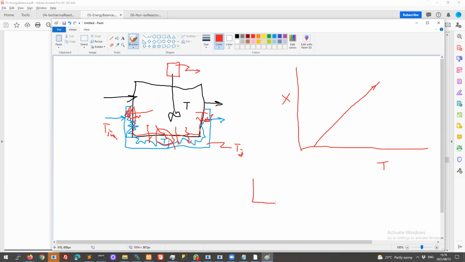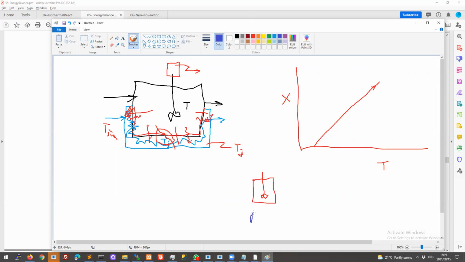Let's think about that. If we think about, let's say, a batch reactor, and an exothermic reaction, as your conversion increases.